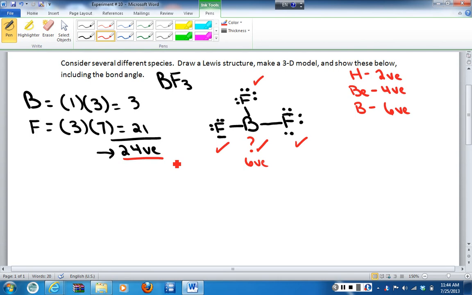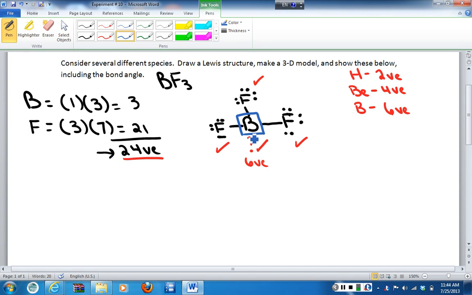Now, if we go on to draw the 3D model of this molecule, we know that we have to look and focus on the central atom. The first thing that we have to do is determine the number of regions of electron density around the central atom. That could be lone pairs, that could be bonding pairs.